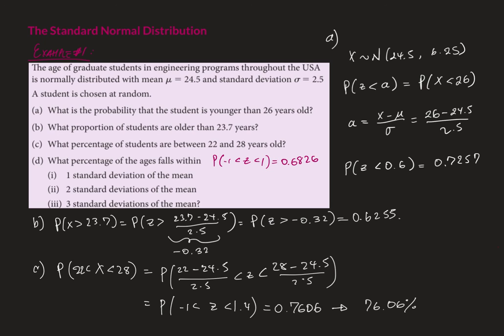Between 2 standard deviations of the mean is going to be about 95%. So the probability that Z is between -2 and 2 is 0.9544. And between 3 standard deviations of the mean, that is between -3 and 3, the probability is about 99.7%, so 0.9973.